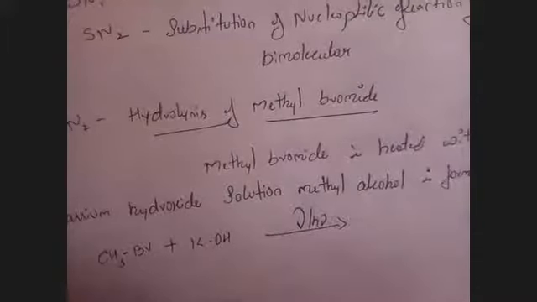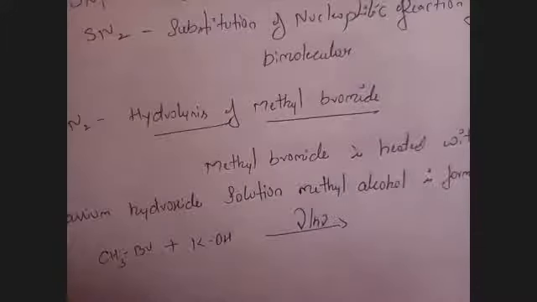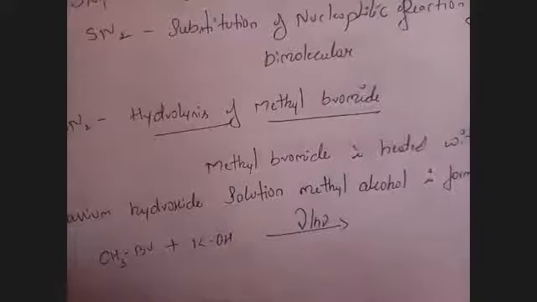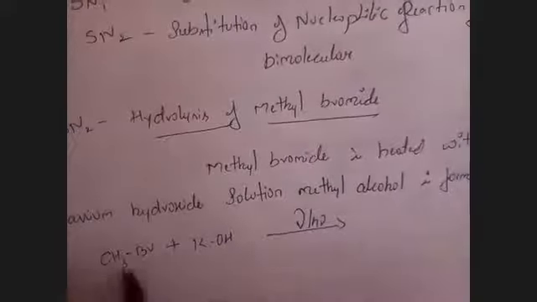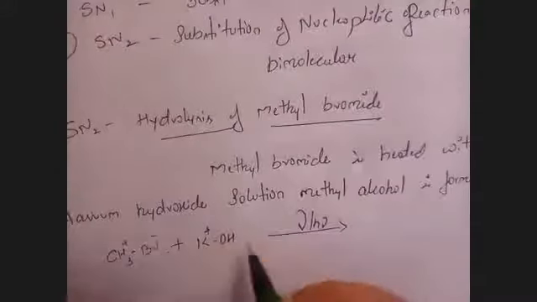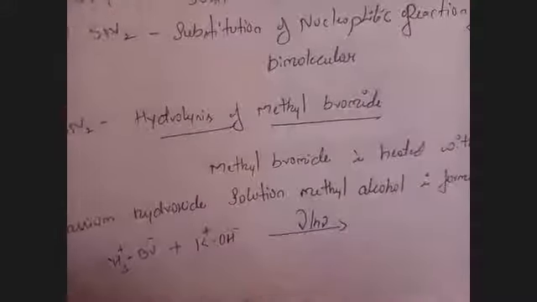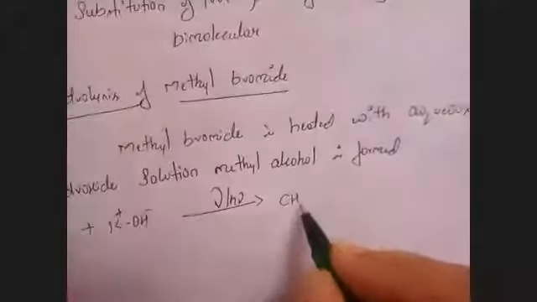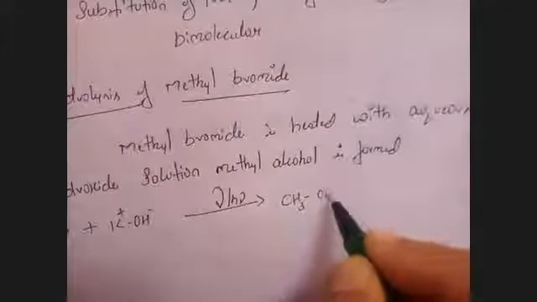Potassium hydroxide in water gives you aqueous KOH. So when these two react, we get the product by just swapping the plus and minus symbols, and then you will get the answer very easily.